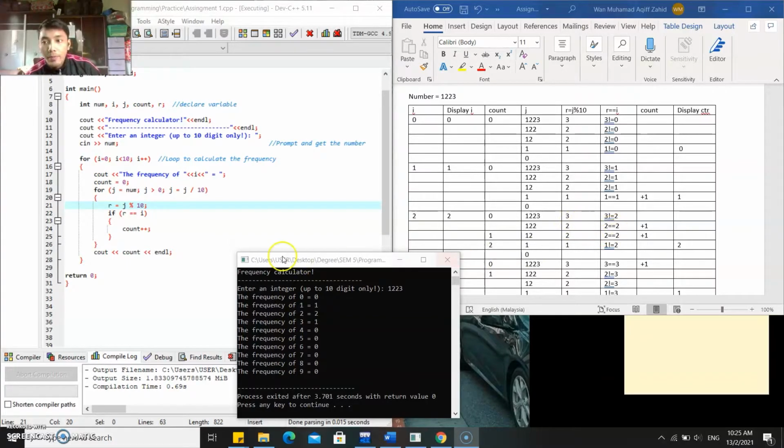And at this time, 2 is equal to 2, we add plus 1 to count, and then the counter at this time becomes 1, and then j, 122 divided by 10, becomes 12.